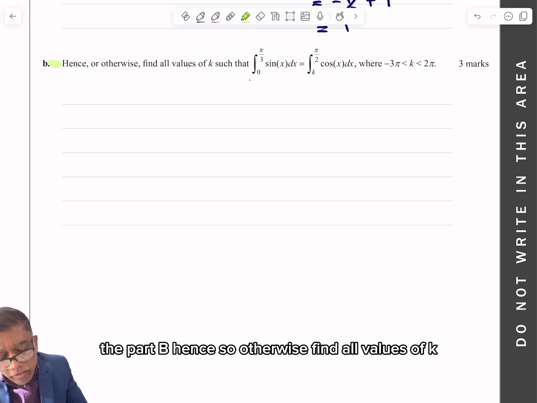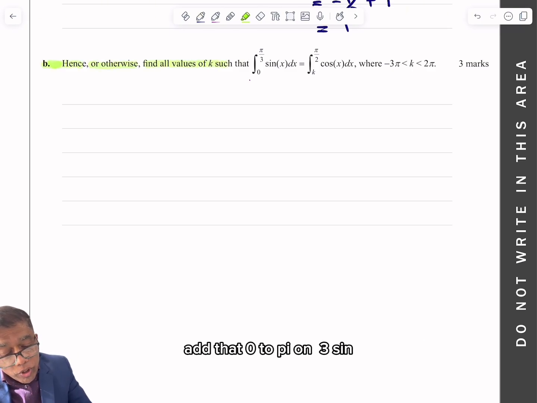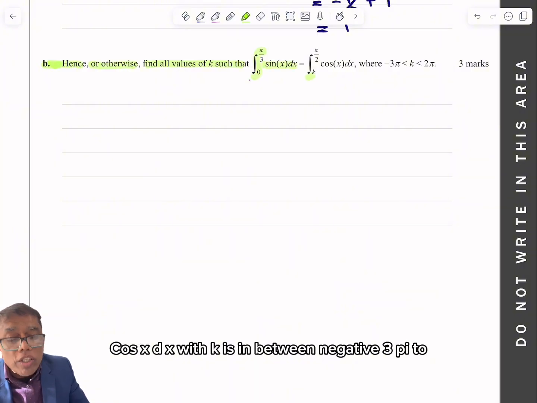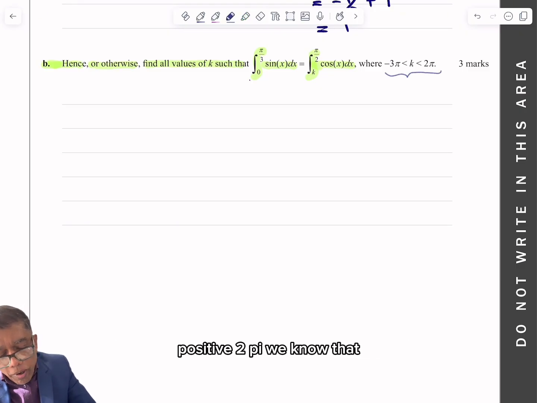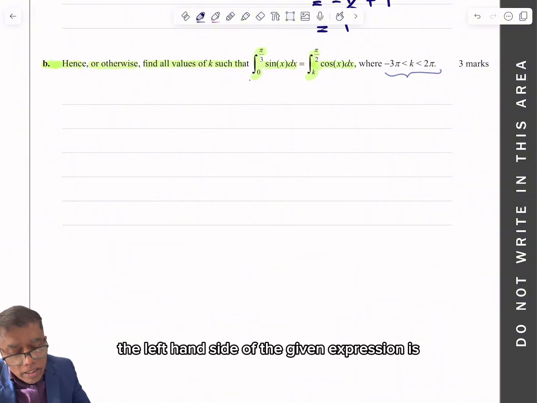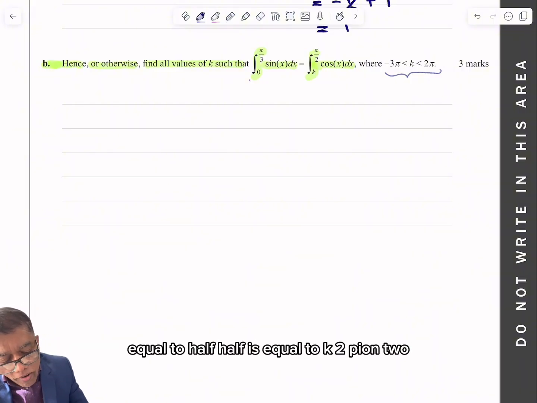Part B. Hence, or otherwise, find all values of k such that the integral from 0 to pi on 3 of sin x dx is equal to the integral from k to pi on 2 of cos x dx, where k is in between negative 3 pi and positive 2 pi. We know that the left hand side of the given expression is equal to half.